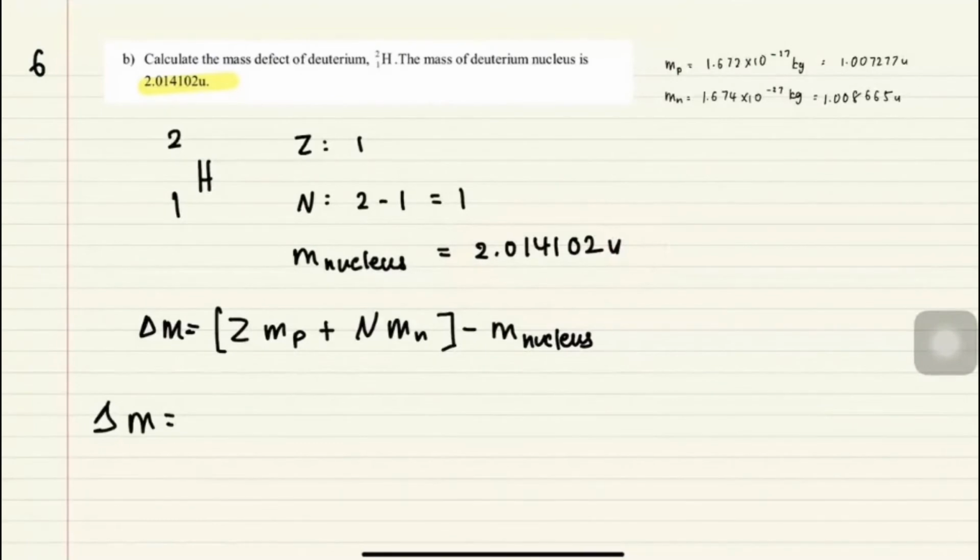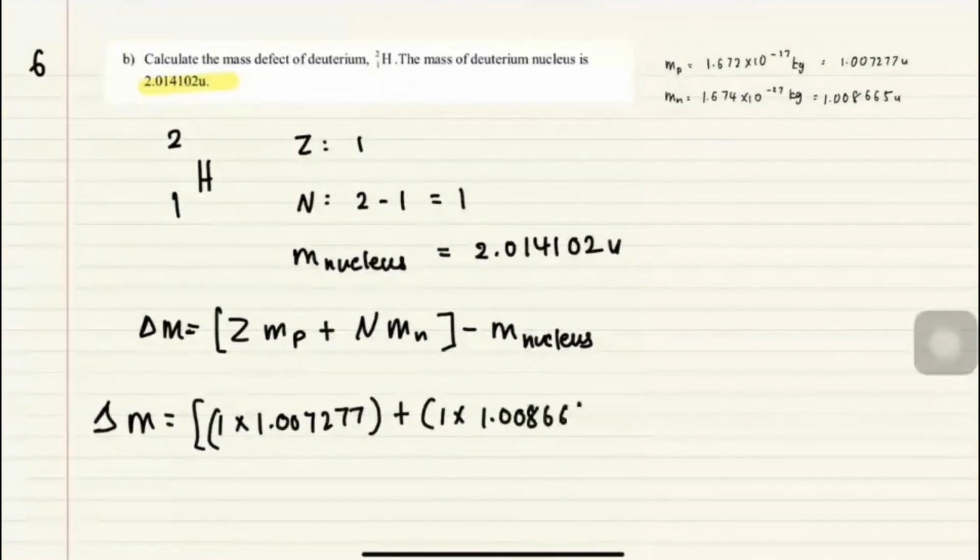If you use U, so it will be 1 multiplied by mass of proton, kalau dalam U adalah 1.007277. Okay, all the numbers are there, plus 1 multiplied by 1.008665, minus mass of nucleus, which is... okay.